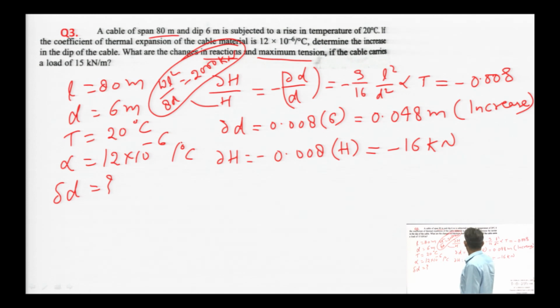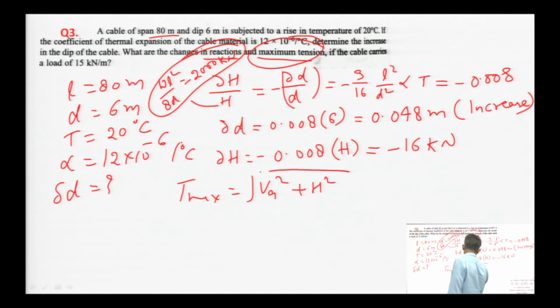And now the change in the maximum tension. We know that the maximum tension T max is the square root of V_A square plus H square. V_A is not going to change at all, only the value of H is going to change by 16 kilonewton.